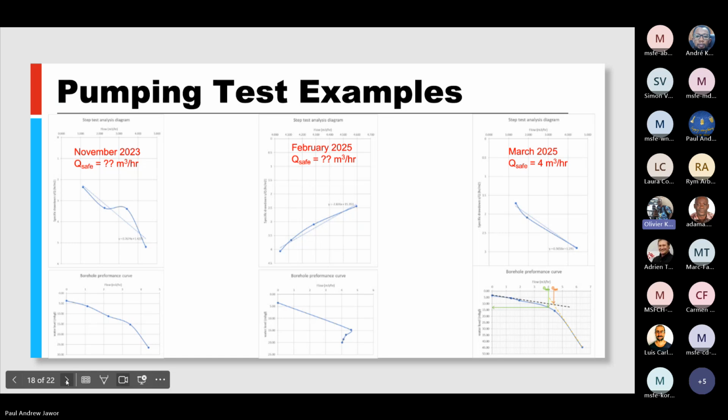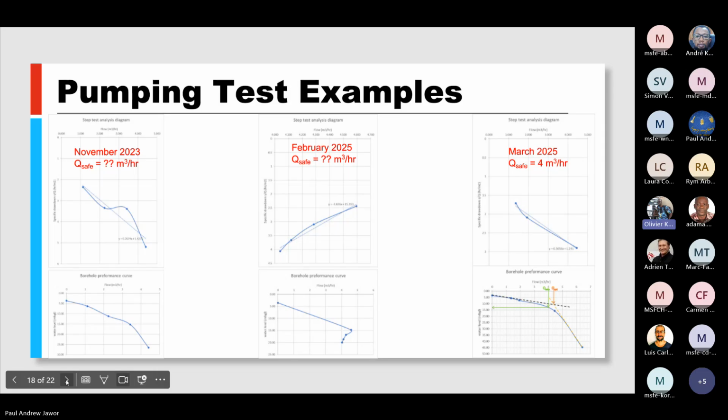But given that this is an approximative method, it is generally recommended that after having determined the optimal pumping rate, we apply a safety factor, which can go from 80 to 90% depending on the person and on the context, so as to account for possible errors that may have filtered in during the pumping.